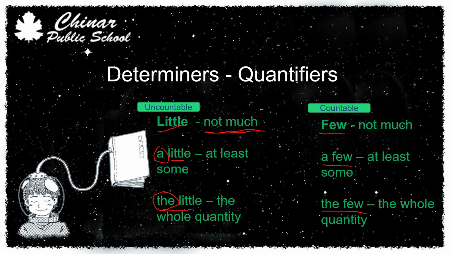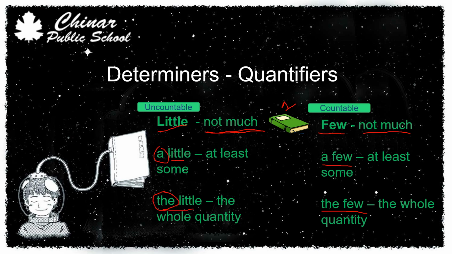Little or few, whether you are using little or few, that means there is hardly anything or zero. Suppose you say, I have few books in my bag today. That means you have very few important books in your bag and no other book. So it is very, very less, almost equal to 0.